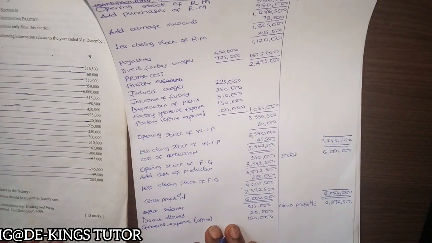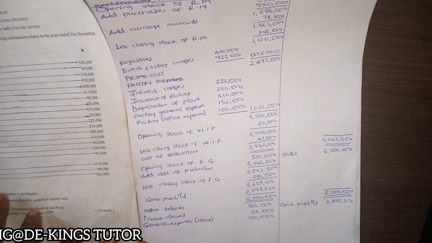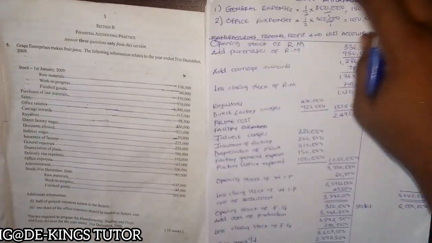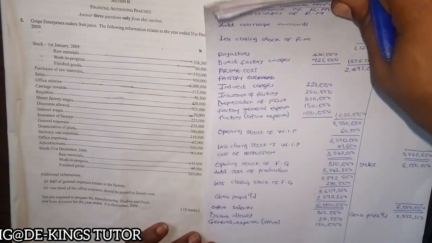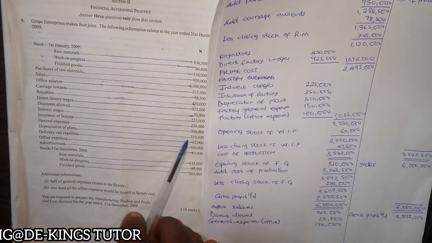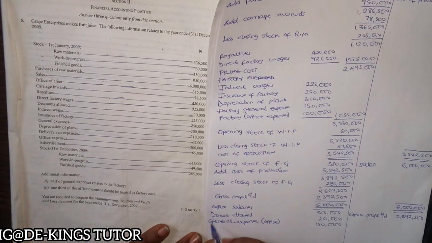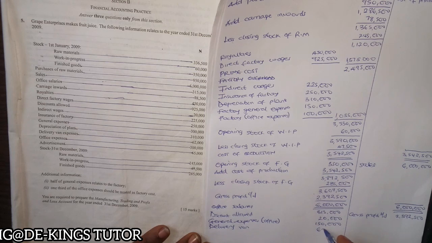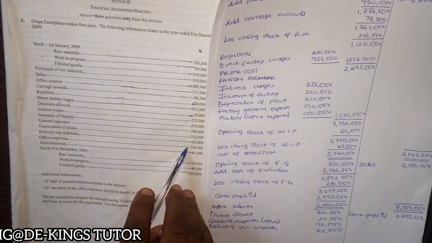The next one will be delivery van expenses, 62,000. So I have delivery van, 62,000 expenses.